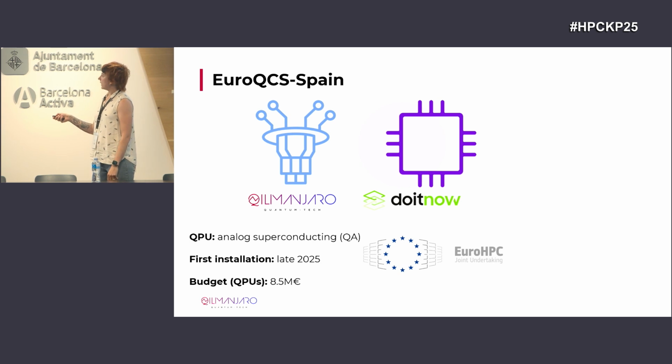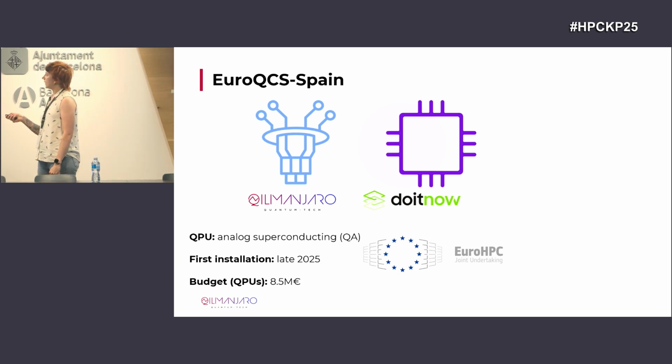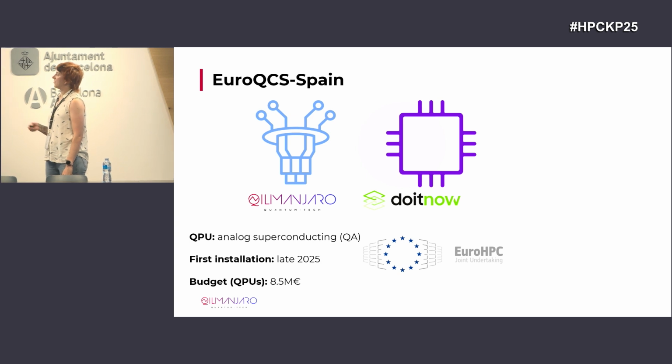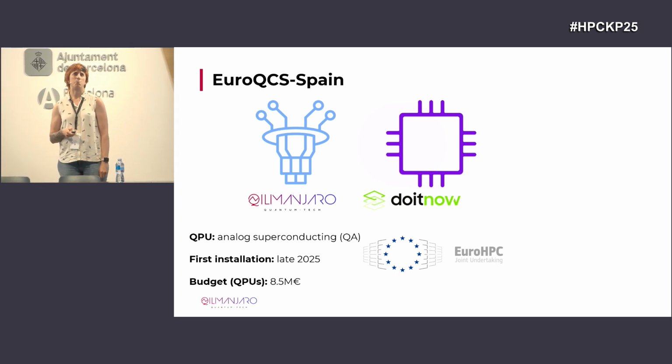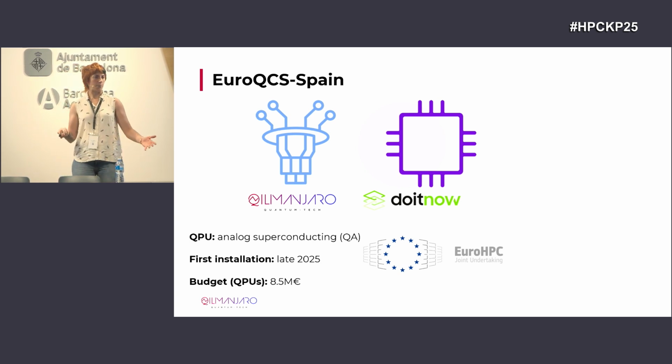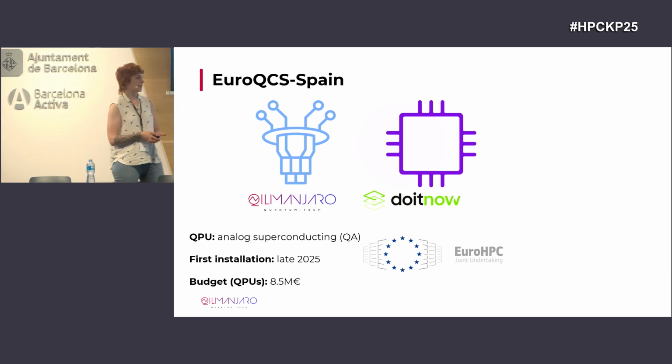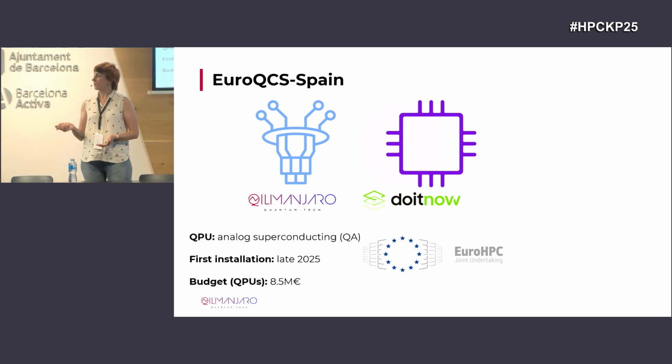This project is made by the EuroQCS undertaking, in the way that if you want to access it, I can imagine that by mid-2026 you have to apply for EuroQCS in the same way that you can apply for computational power from Mare Nostrum or the other ones, and use it.